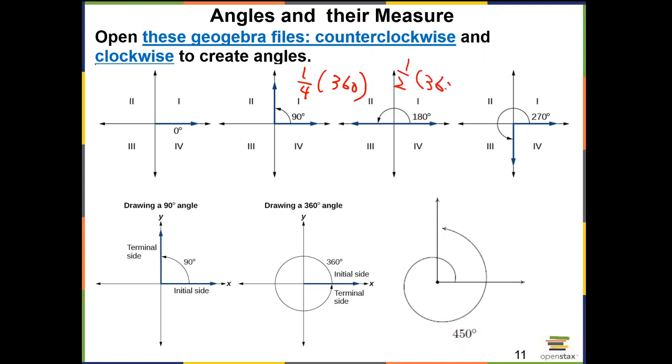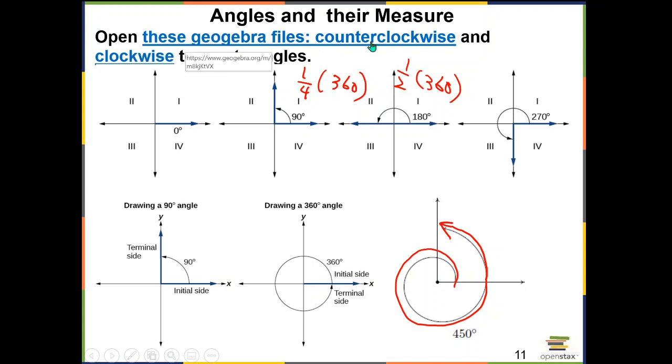And this one is 270, so it's 3/4 of 360. And what about this one right here? Well, since we're going counterclockwise, it's positive, so that's 360 plus another 90. That's 450. So we can have angles that are greater than, of course, 360.